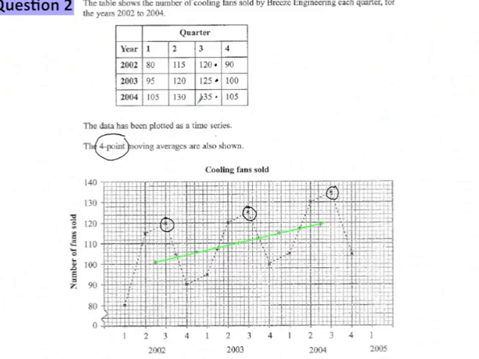So we can see the reason why is because in quarter 3, we're looking at the months July, August, and September. And this is going to be the warmest point of the year, therefore more fans are going to be sold.